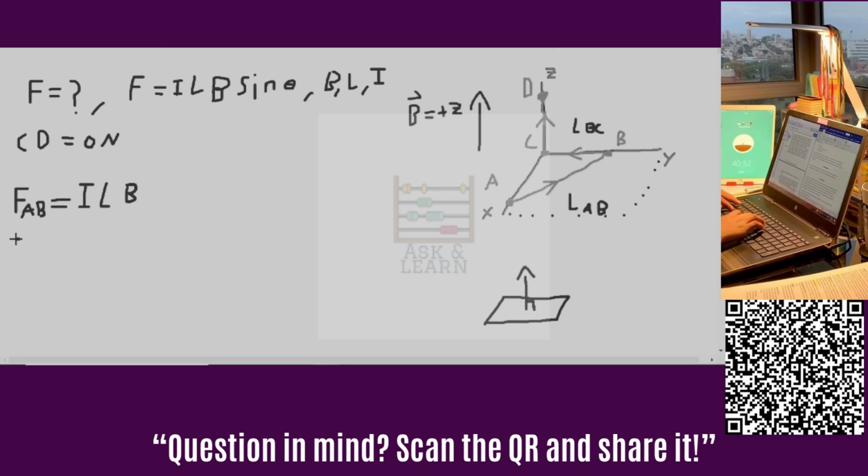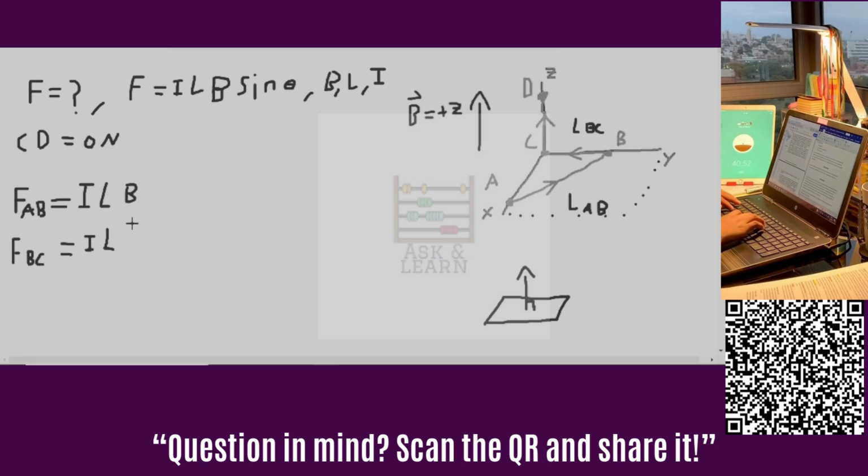And then you'll need another one to find the force on B to C. Same thing, it is equal to ILB because sine of theta is 1, because it's still 90 degrees.